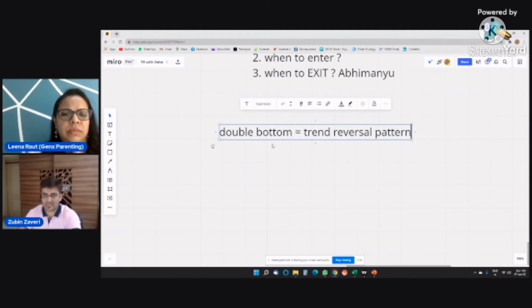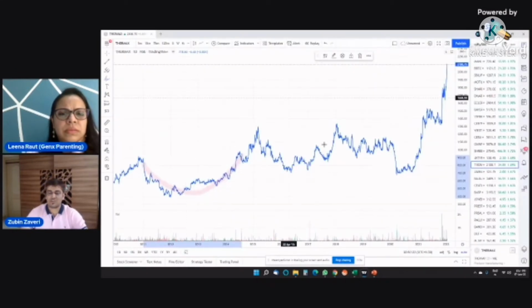Now, these charts form certain patterns. Some patterns are called reversal patterns. Some patterns are called continuation patterns. In simple words, what is a trend reversal pattern? Let's say, for example, there is a downward trend.